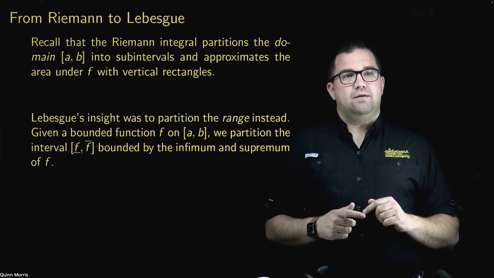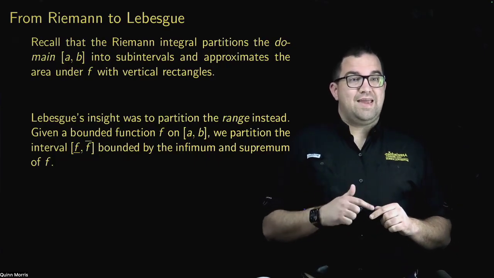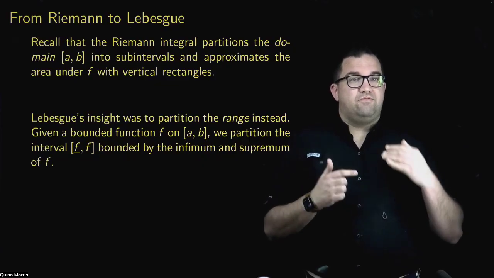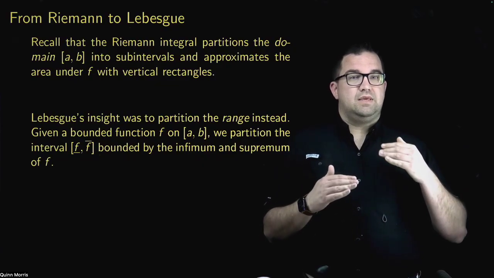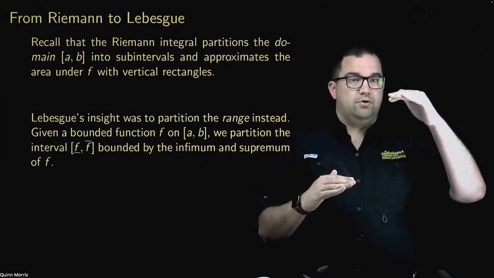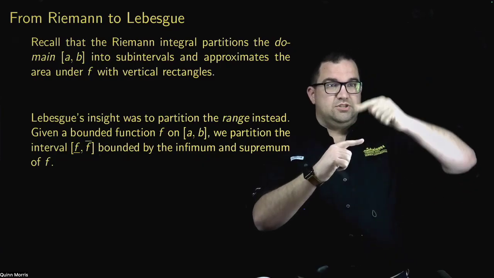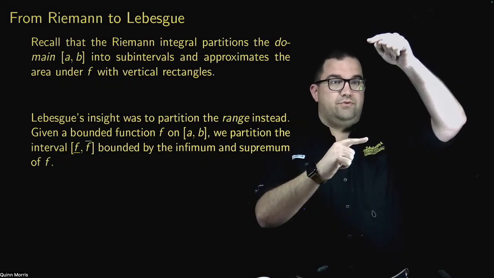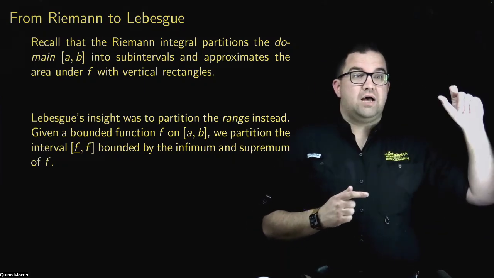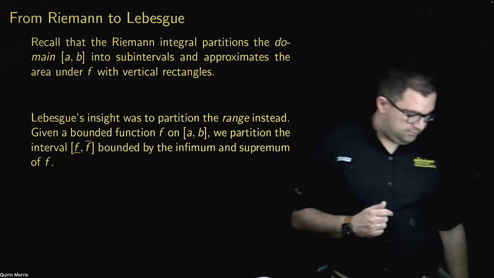However, Lebesgue's idea was to partition the range instead of partitioning the domain. So given some bounded function, we could partition the interval from f lower bar to f upper bar. So we would partition the different y values that the function hits, and then draw rectangles that were more horizontally oriented than vertically oriented.